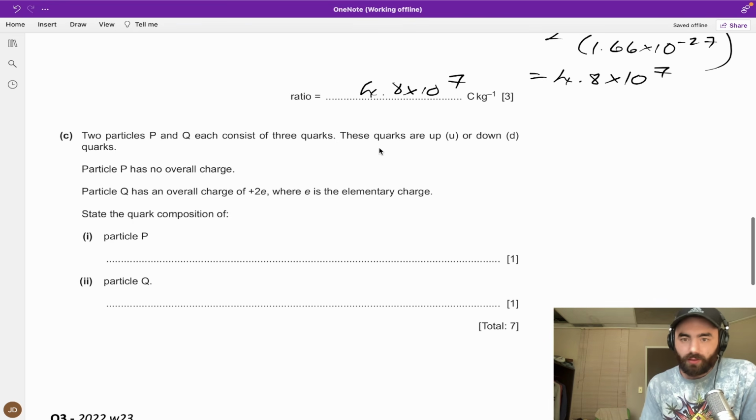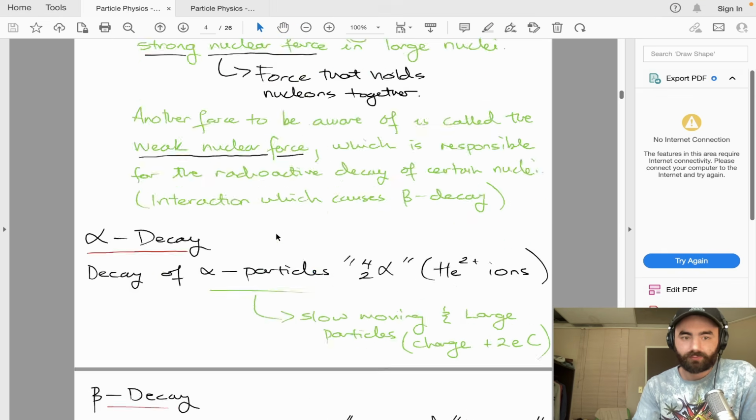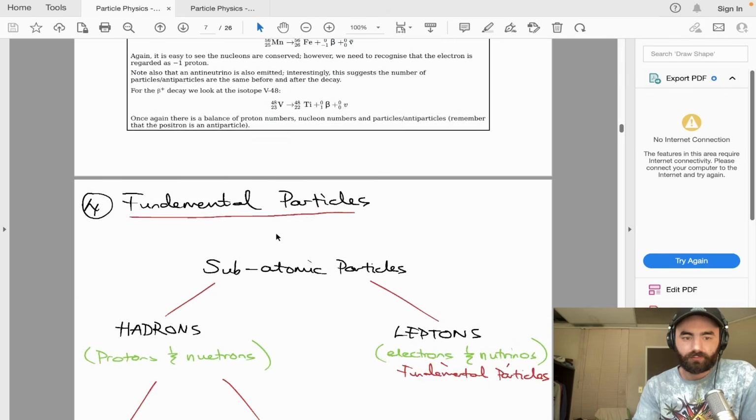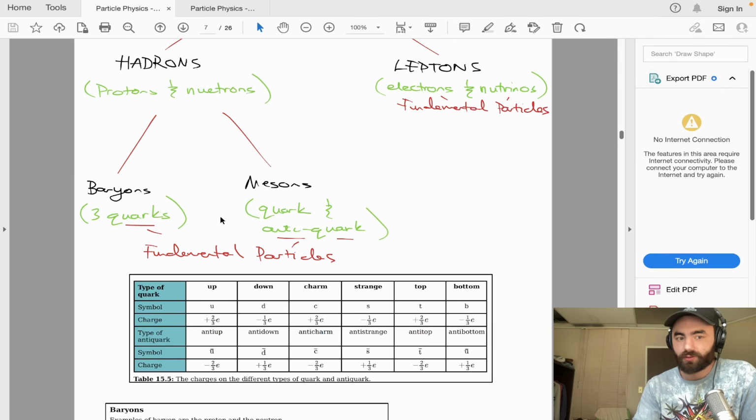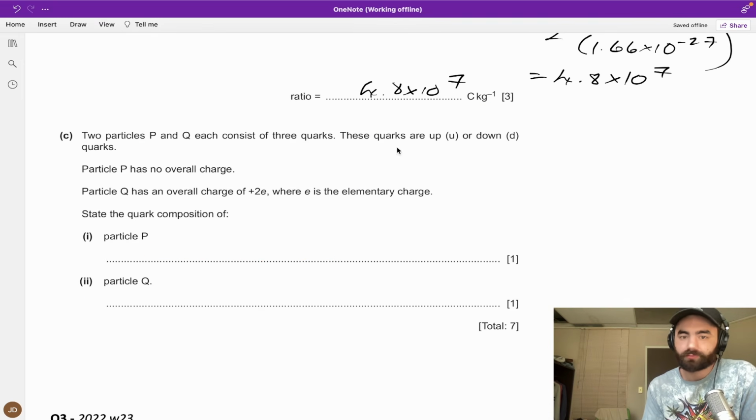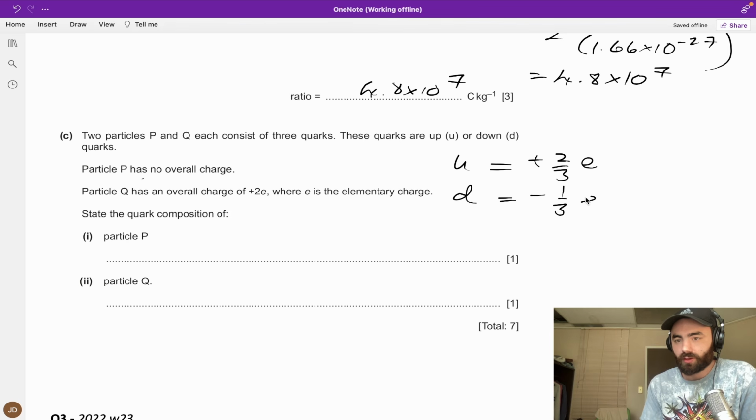Well, they're made up of three quarks, so they'll be baryons. And so how do we place three quarks together, up and down, to get an overall charge of 0? An up quark has a charge of plus 2/3 e, and a down quark has a charge of minus 1/3 e.